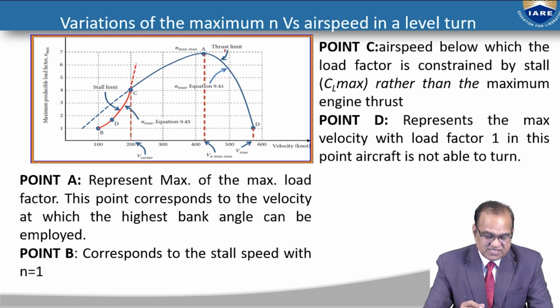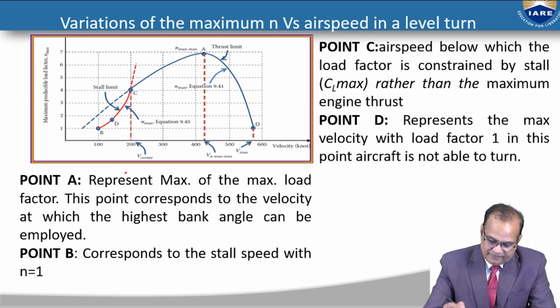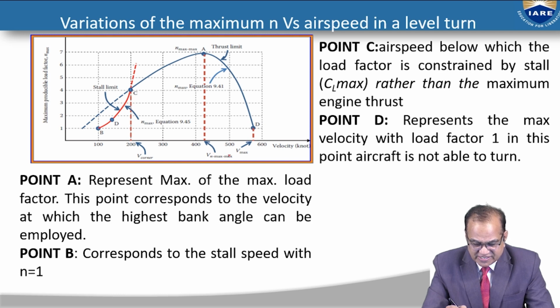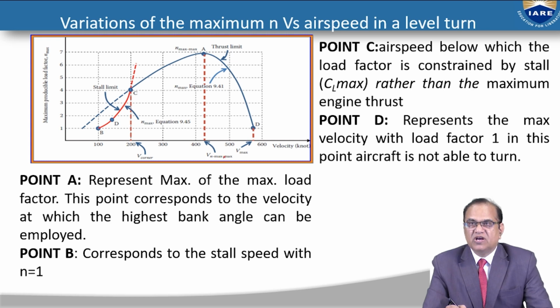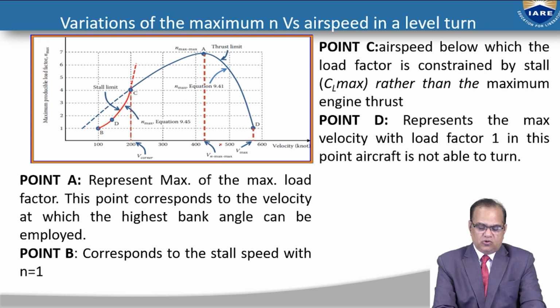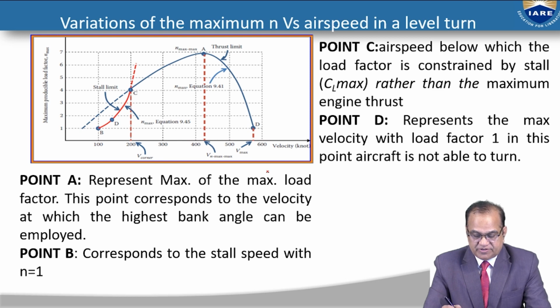First we will discuss point A in this diagram, and here is V n max max. This is the velocity for the maximum of the maximum load factor. So point A represents the maximum of the maximum load factor. This point corresponds to the velocity at which the highest bank angle can be employed.